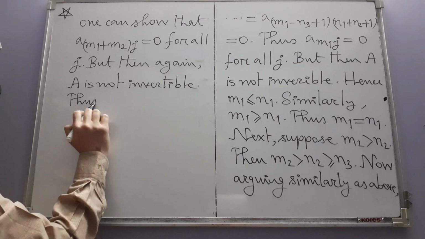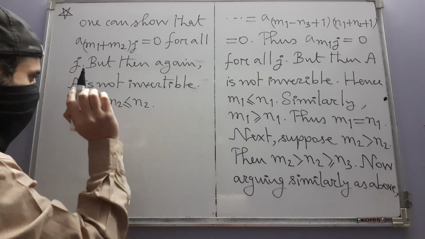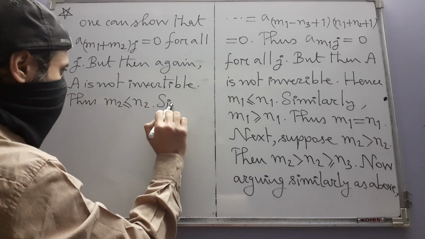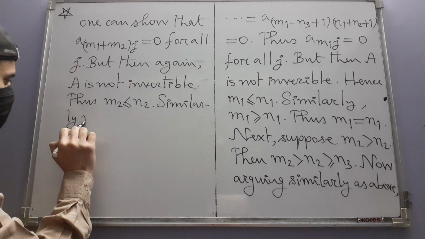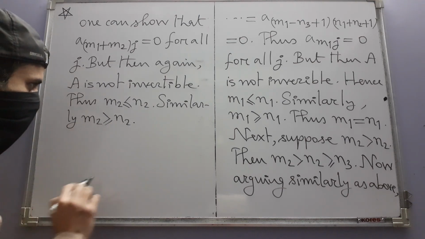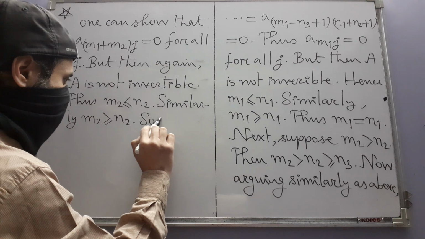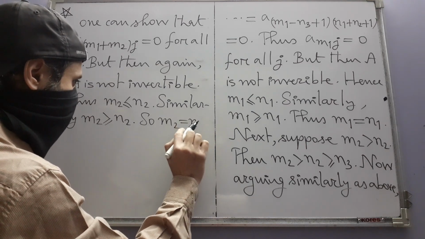Thus, m2 must be less than or equal to n2. Similarly, m2 must also be greater than or equal to n2. So, m2 is equal to n2.